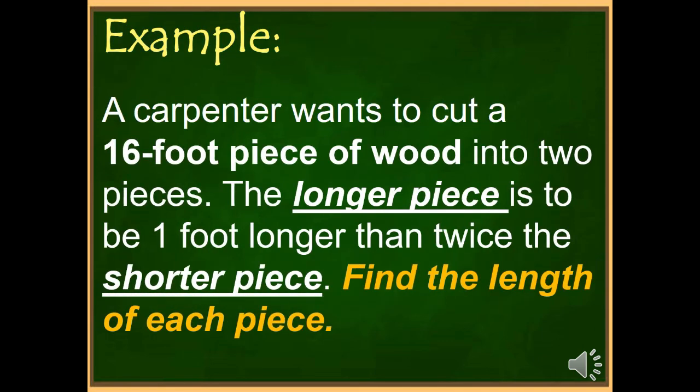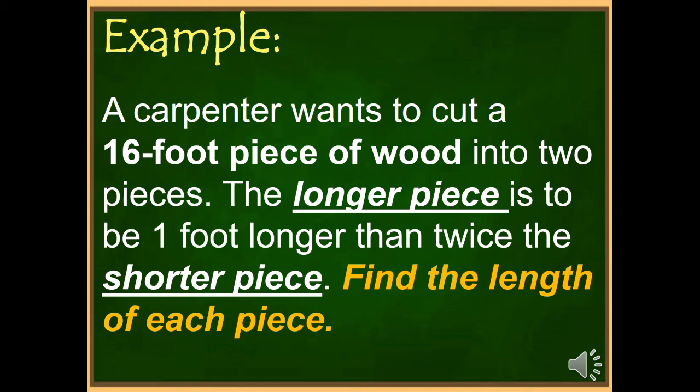We'll read back our problem. It is said there that a carpenter wants to cut a 16-foot piece of wood into two pieces. The longer piece is to be 1 foot longer than twice the shorter piece. Find the length of each piece. Now, I want you to recall that our topic is solving problems involving system of linear equations in two variables by substitution.